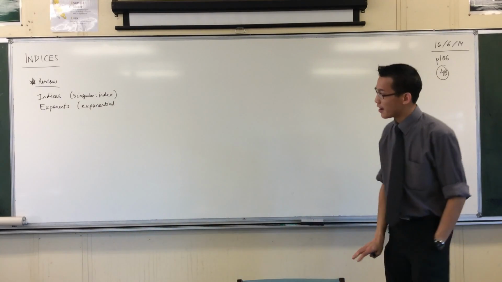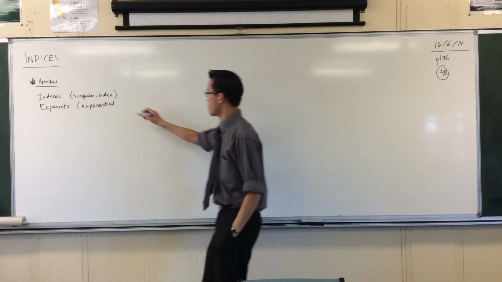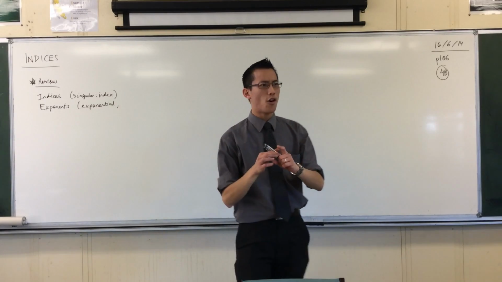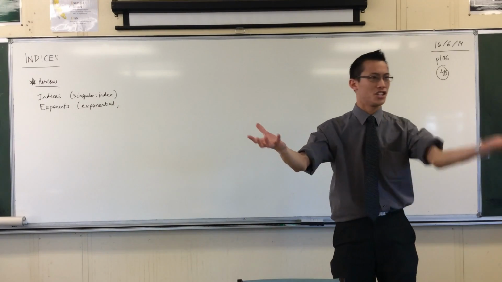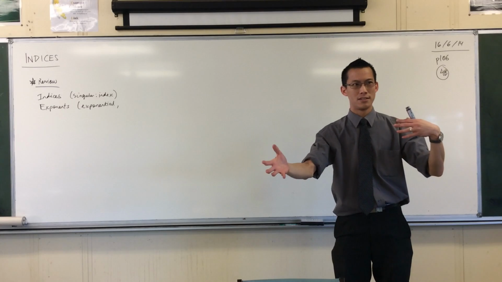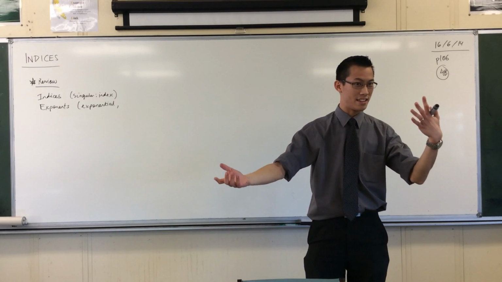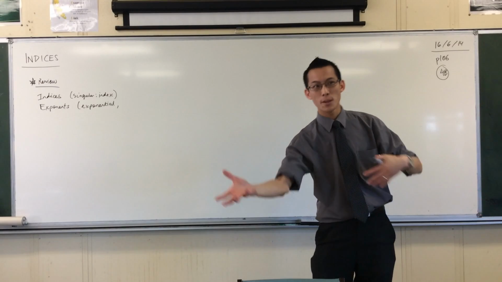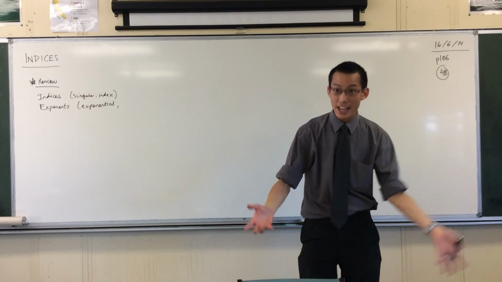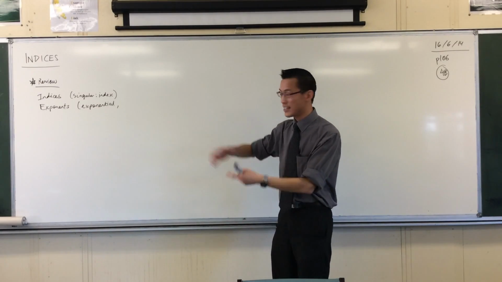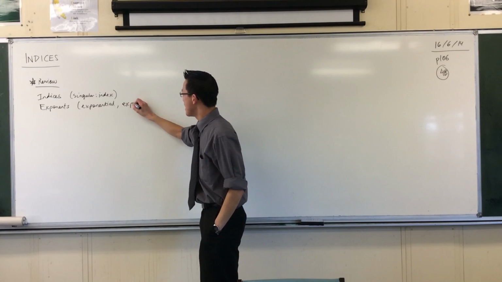And also another word which we get from that is, you know how for adding it's addition, and for subtracting it's subtraction, and for dividing it's division, and for multiplying it's multiplication, right? Well, for indices it's exponentiation.